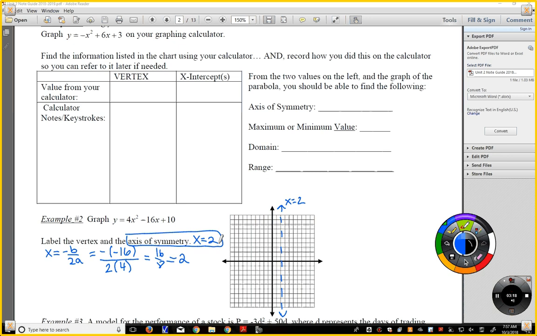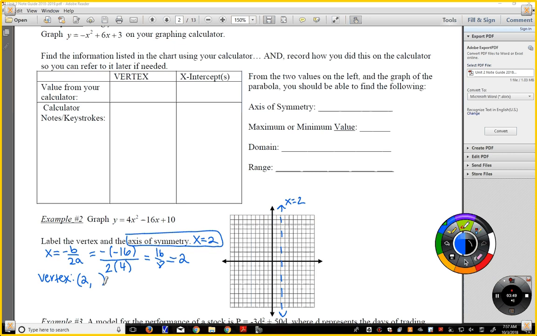How does that help me get the vertex point that I need to know when I graph the quadratic? Yeah. Good, we plug it back in. So we have an x value of 2. We know the vertex has to be on that line, okay? So we're looking for our vertex. We know the x value is 2. For the y coordinate that goes with that, anytime we have an x and we're trying to figure out a y, just plug it back into our equation. So if we plug 2 into this equation as x, we should be able to follow basic order of operations and get y.